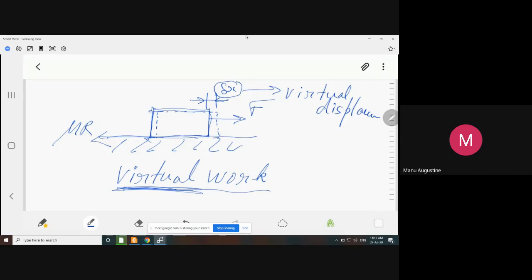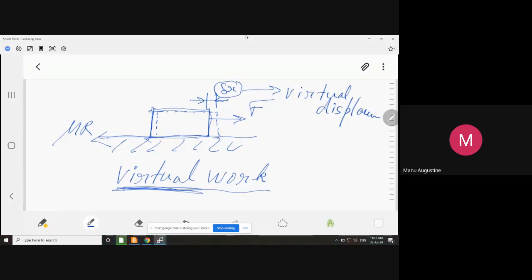Yes, it doesn't make any sense. आप एक इमेजिनरी डिस्प्लेसमेंट प्रोड्यूस कर रहे हो, फिर इमेजिनरी वर्क बोल रहे हो. What is the use of this? We will understand the complete utility and the beauty of the concept of virtual work when we actually start getting answers of real life problems by the application of virtual work.